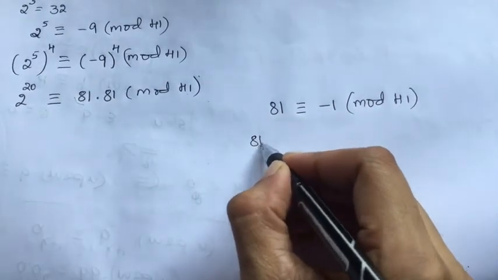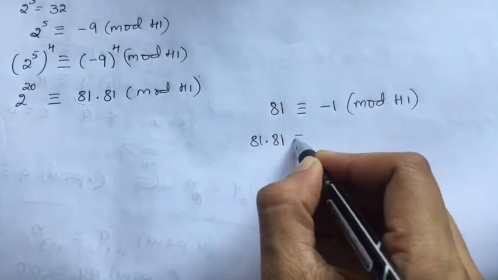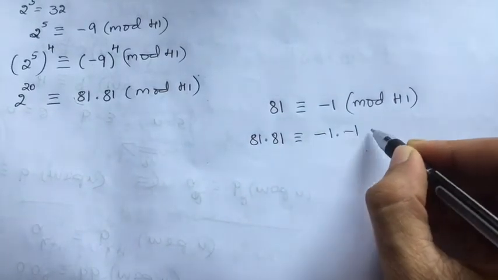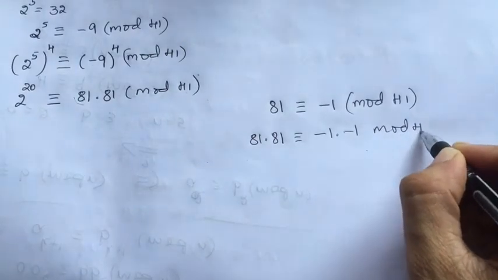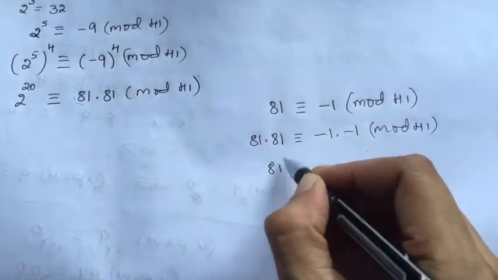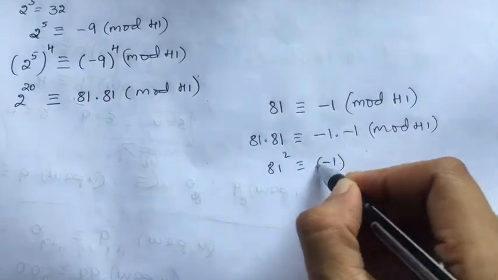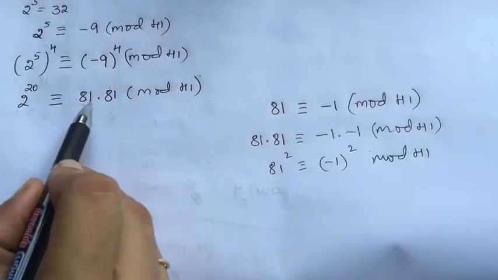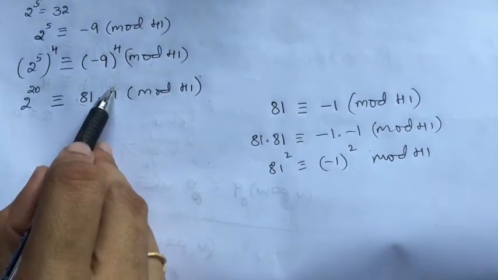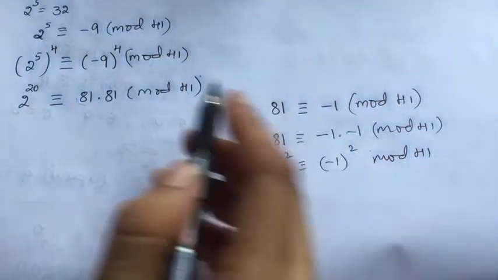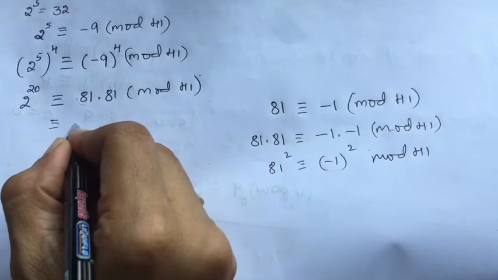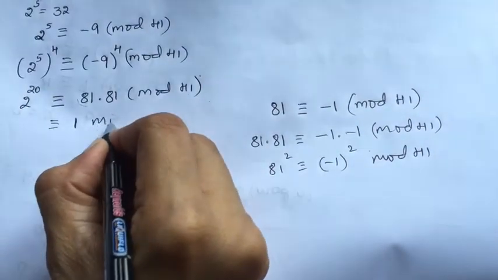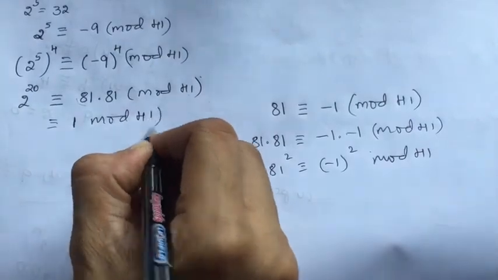So 81 into 81 is congruent to minus 1 into minus 1 mod 41. In fact, 81 square is congruent to minus 1 square mod 41. So here 81 square can be replaced by minus 1 square, that is 1 mod 41.